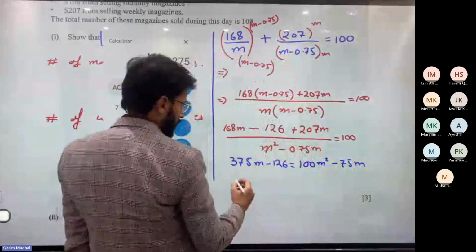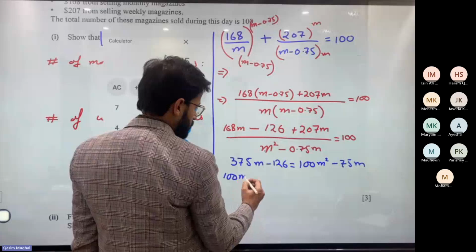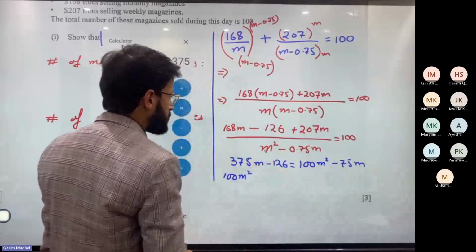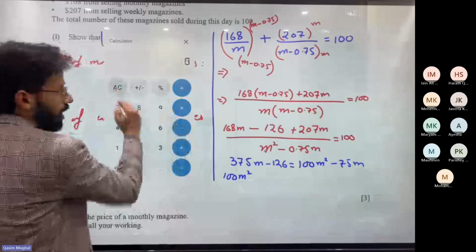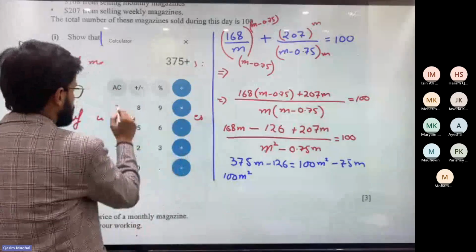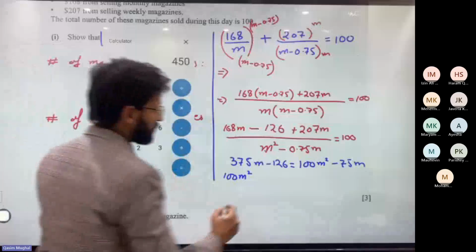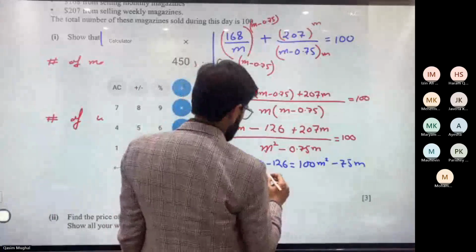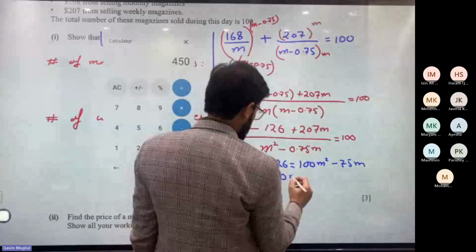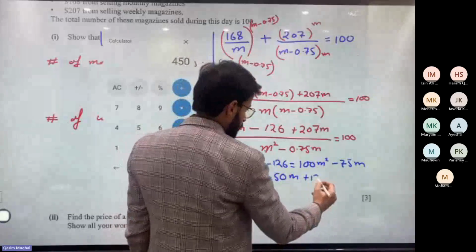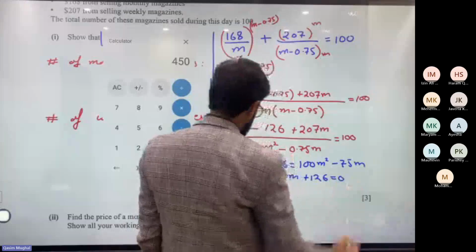Okay, now 100m squared minus 75 and then minus 375. So basically I'm adding 375 and 75, both of them with the negative sign. So that leaves me with minus 450m, and then this minus 126 one goes there, plus 126 equals to 0.